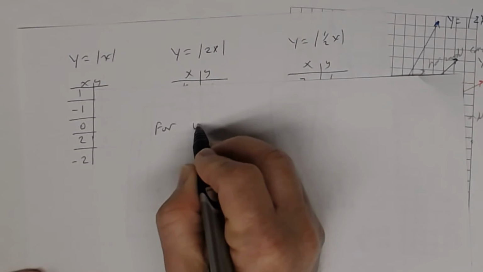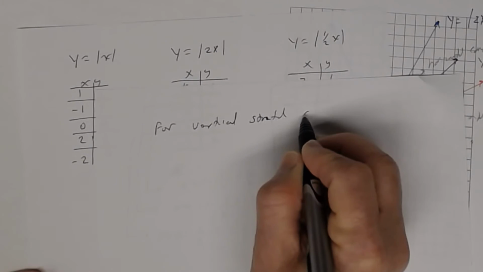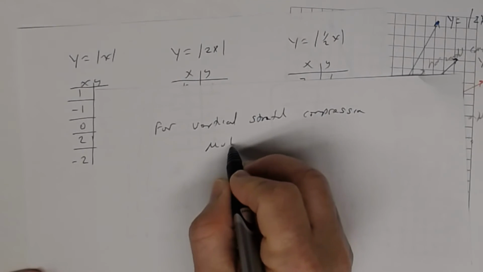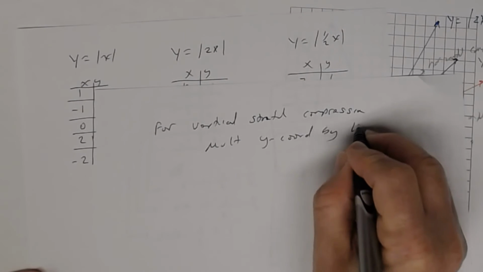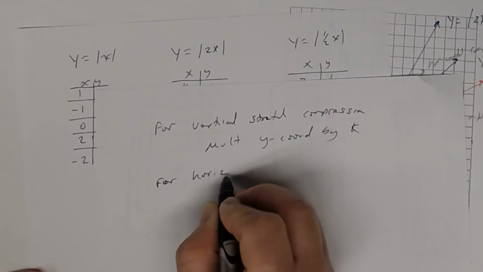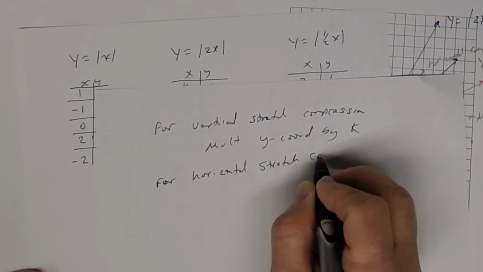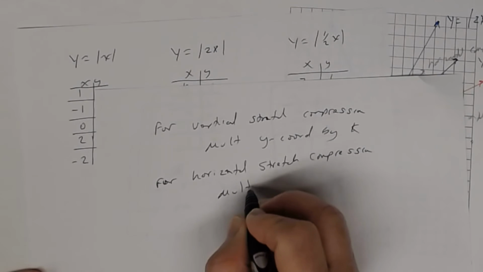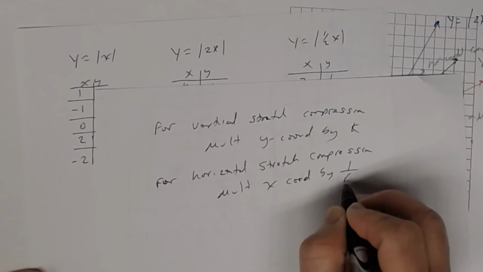For vertical stretch or compression, multiply the y coordinates by k. For horizontal stretch or compression, multiply the x coordinates by 1 divided by k.